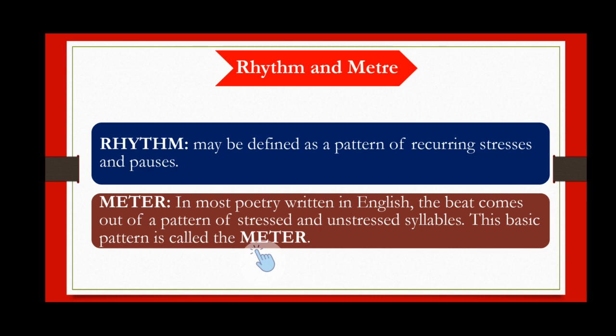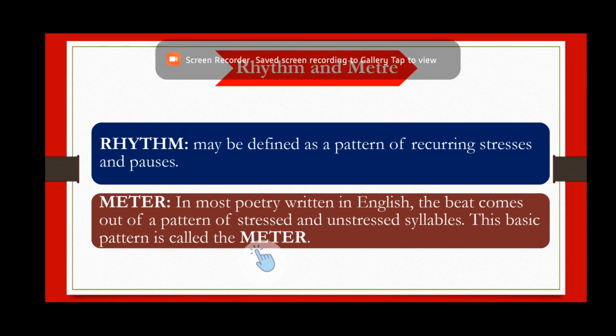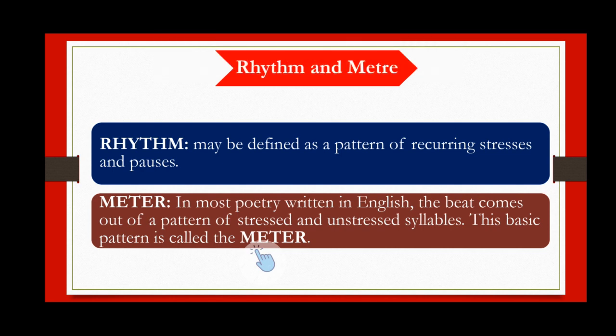Sometimes we may have a rhythm that formally we call iambic rhythm, or sometimes a rhythm that we call trochee rhythm. Sometimes we may have a rhythm that we call anapest rhythm.